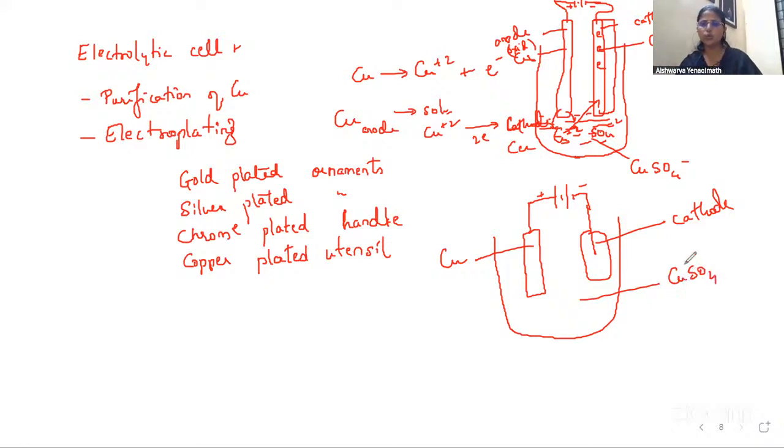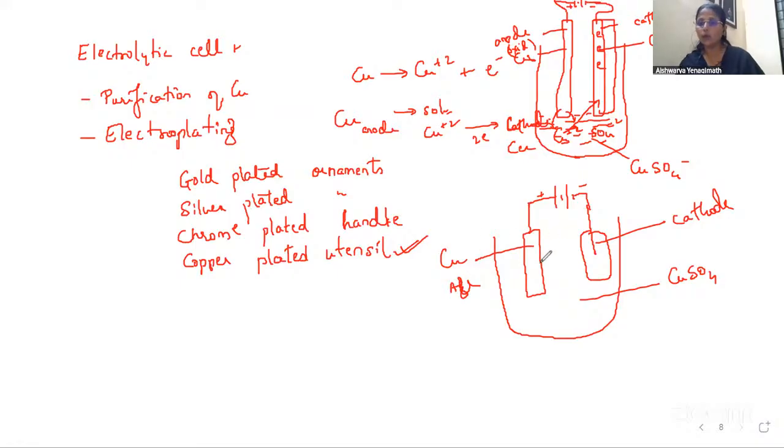Imagine another situation. I have an ornament and I want to do gold plating on it. So I will take the ornament as the cathode and gold as the anode, Au as anode, and a solution of Au as the electrolyte. Are you all getting it? So when you pass the current, when potential is applied, what happens? Consider copper plated utensil itself.